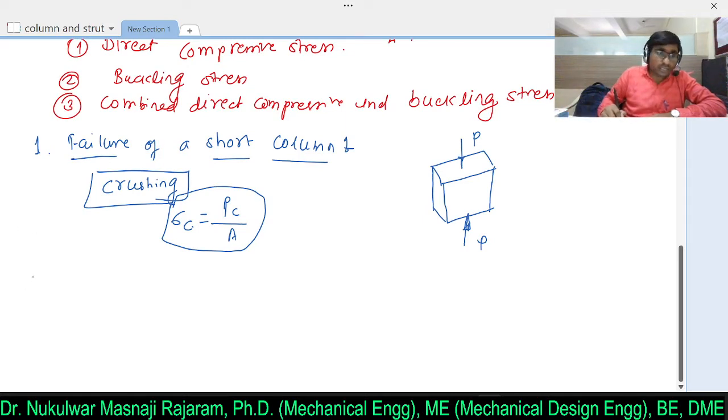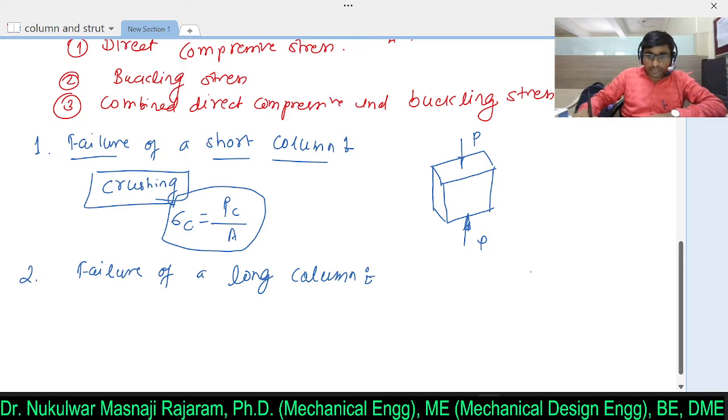Now next I will consider another case, that is failure of a long column. Here I will draw the diagram. If I consider this is a member, A is fixed and end B is free. This may be a column because it's vertical.